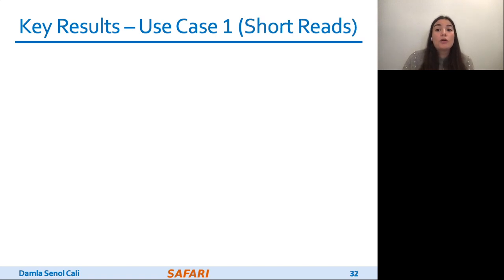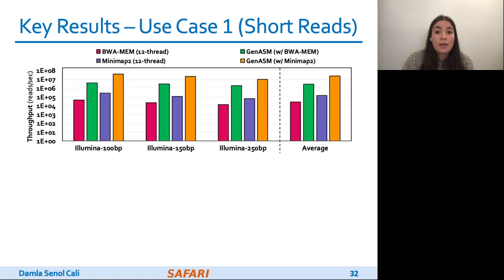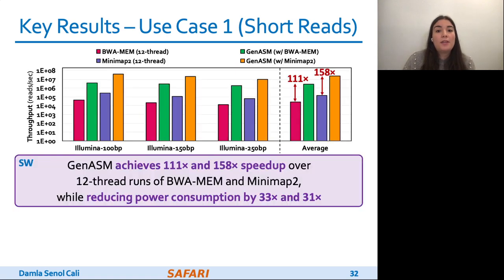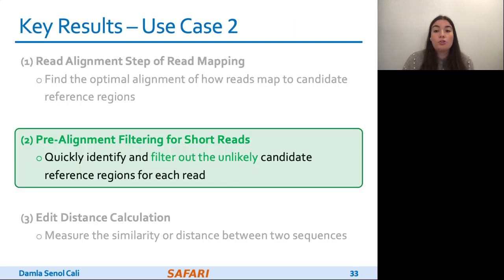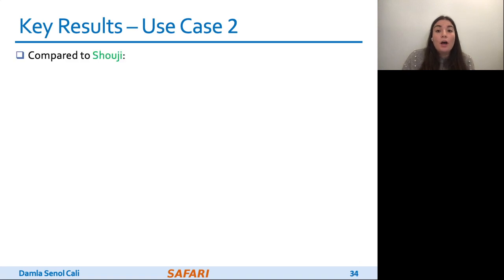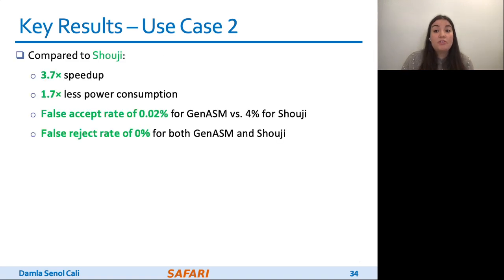For short reads, compared to the same software baselines, GenASM provides significant speedup and reduction in power consumption similar to long reads. And compared to Scrooge or GenAx, which is a state-of-the-art short-read alignment accelerator, GenASM provides 1.9 times better throughput while using 63% less logic area and 82% less logic power. So let's look at our results for the second use case. I don't have time to cover this result in detail, but here is the key takeaway.